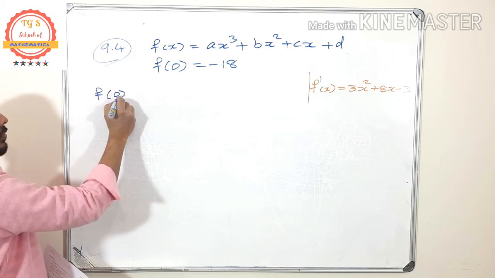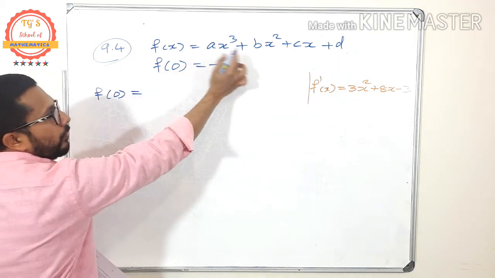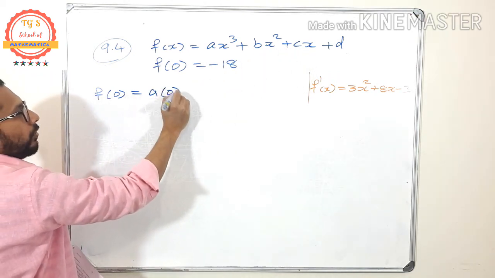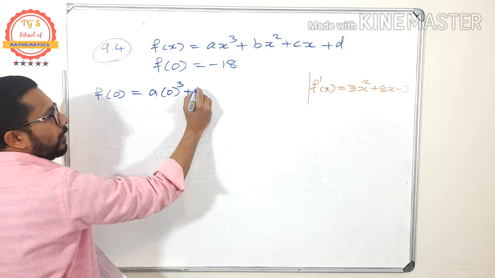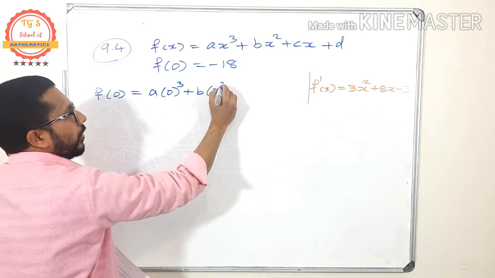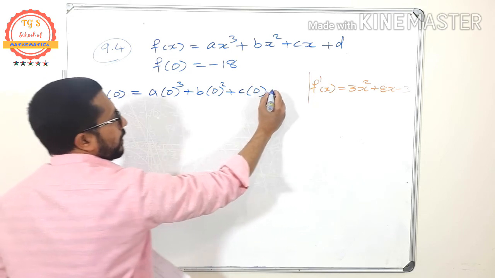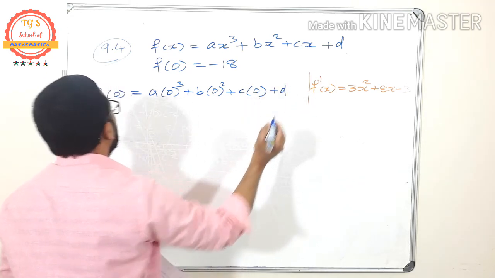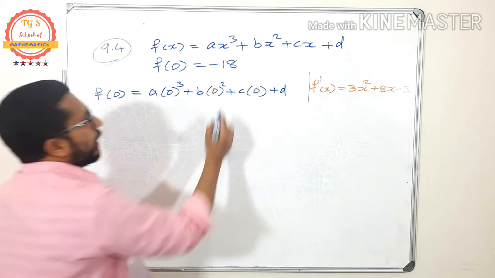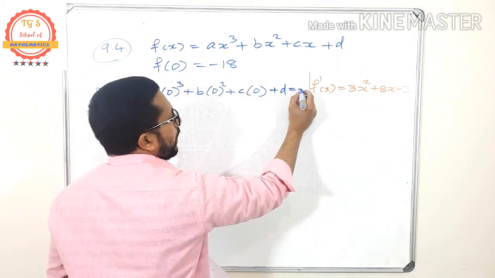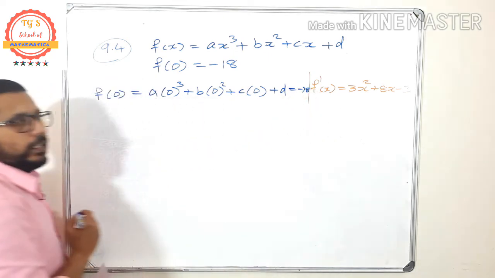So f of 0 is equal to, substitute the value of x as 0 there. So a into 0 cube plus b into 0 square plus c into 0 then plus d. When you substitute the value of x as 0, the answer they are saying is minus 18.